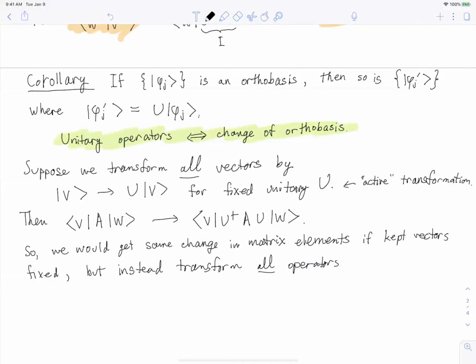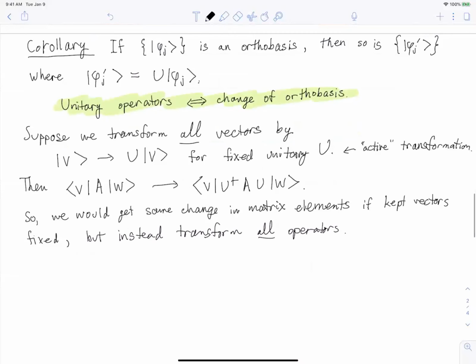And the rule for how we transform the operators, we can read off this line above. What we should do is take each operator A and replace it by U dagger A U. And this way of looking at things is called passive transformations, because you haven't actually changed your vectors in this way of looking at it. You've changed your operators instead.